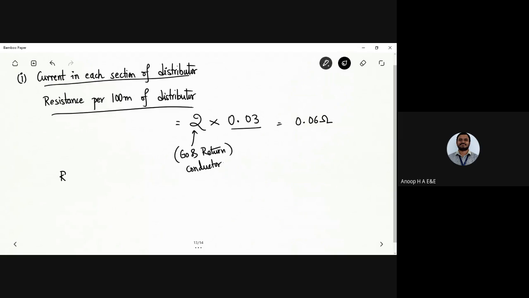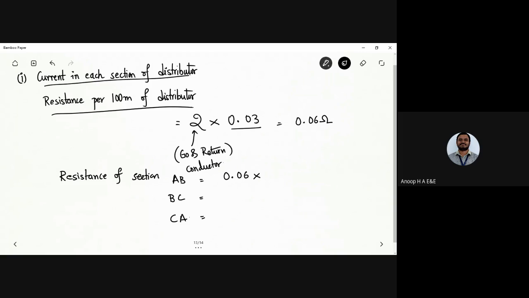Okay, so now I have three sections. I need to find out the resistance of all the three sections: section AB, next BC, next CA. The resistance is 0.06 ohm for 100 meter.